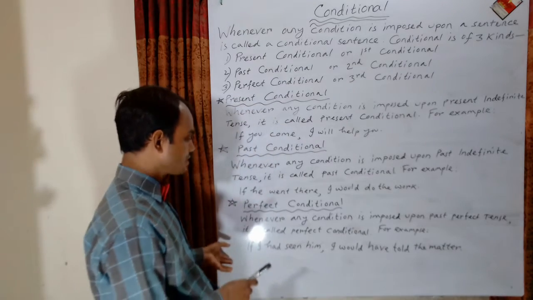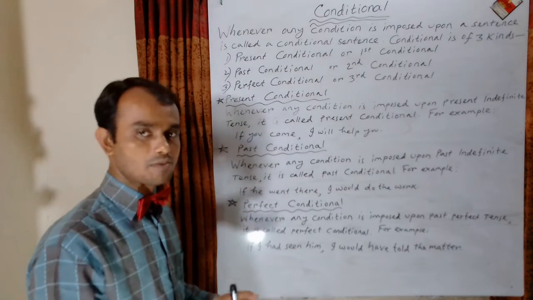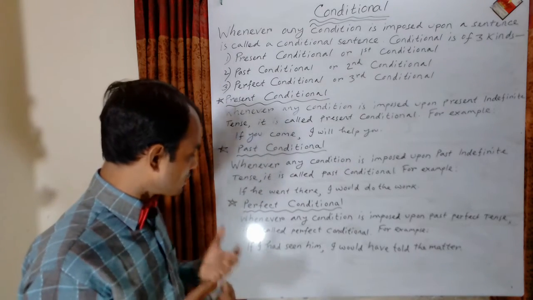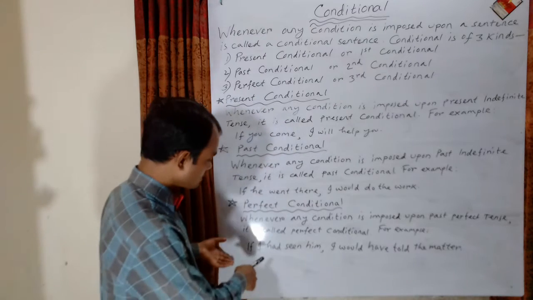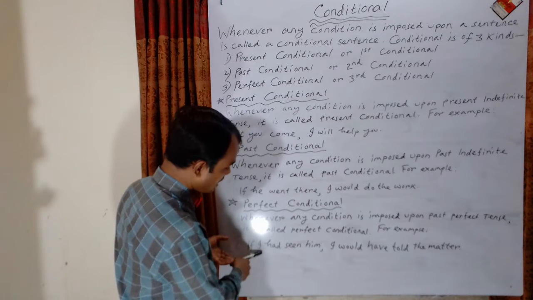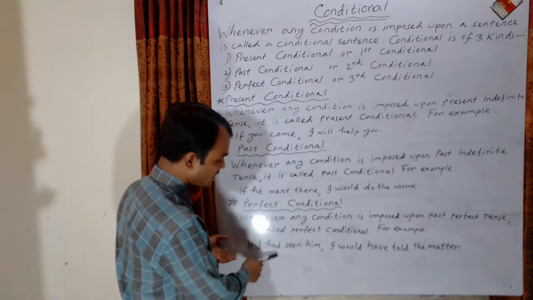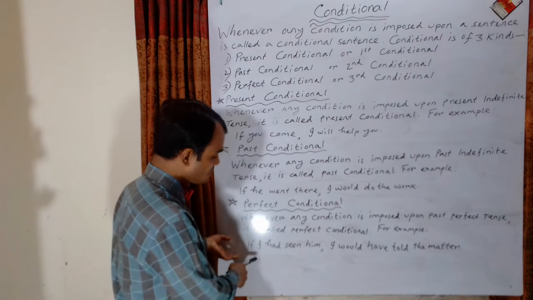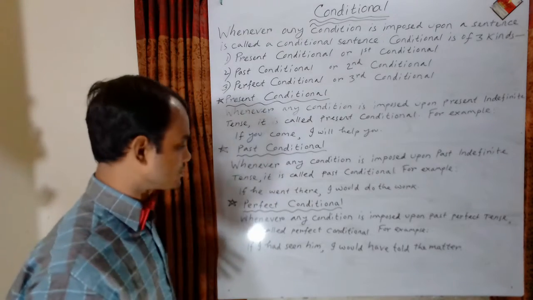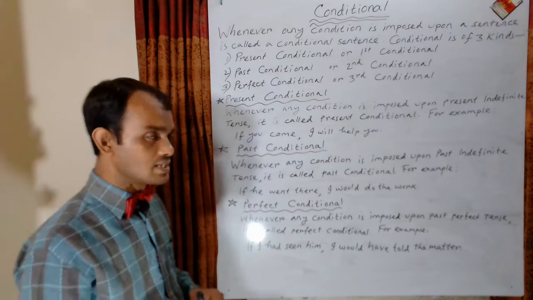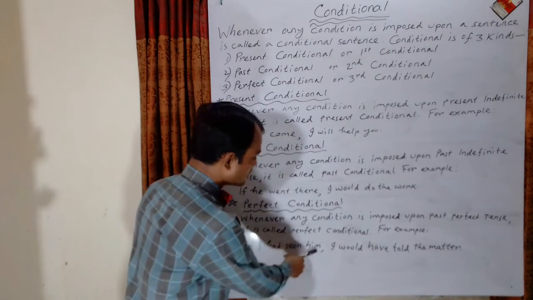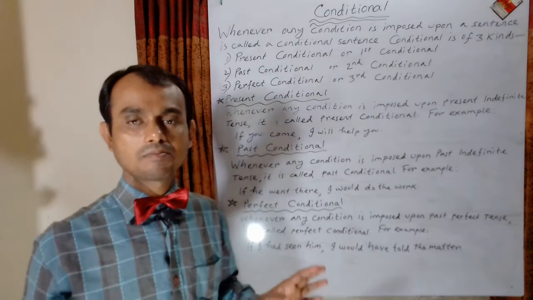Besides, there is a condition imposed upon the sentence. The condition is imposed upon past perfect tense: I had seen him. Since the condition is imposed upon past perfect tense, it is perfect conditional.